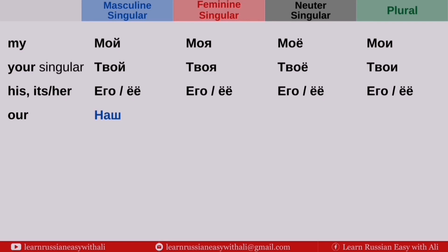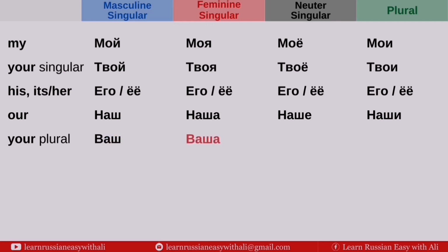Наш, наша, наше, наши. Ваш, ваша, ваше, ваши. Их, их, их, их.